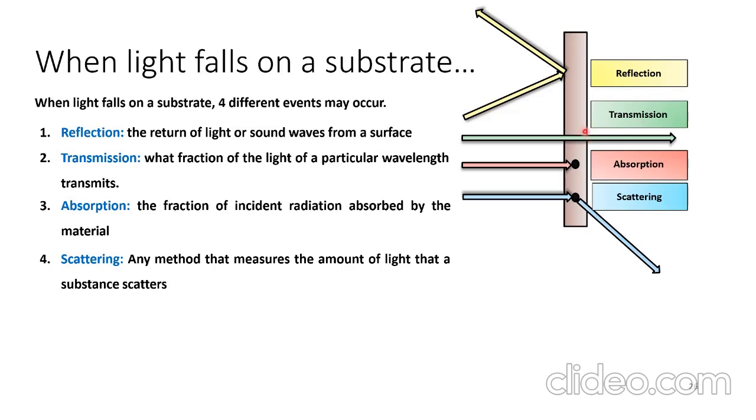However, if the material is opaque, the light will reflect back. So these are the different phenomena that can happen when the light interacts with the surface. Scattering is one of the phenomena which is very useful in the case of Raman spectroscopy, when we talk about Raman spectroscopy.